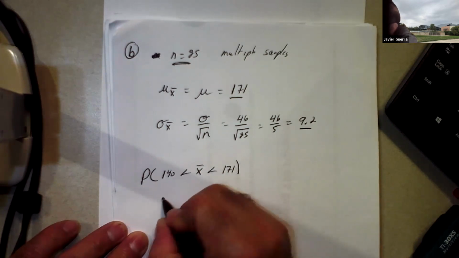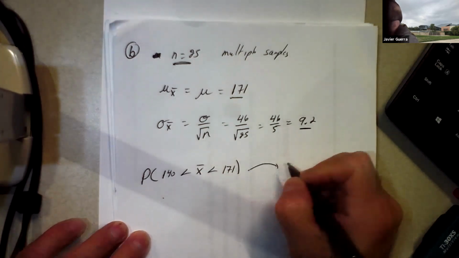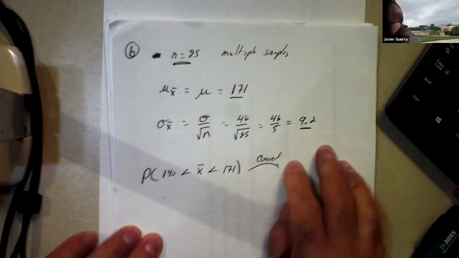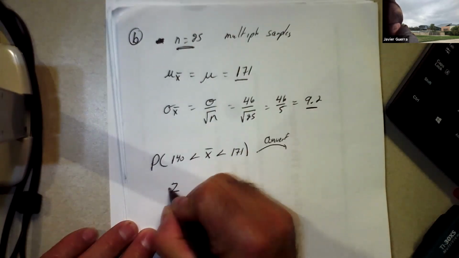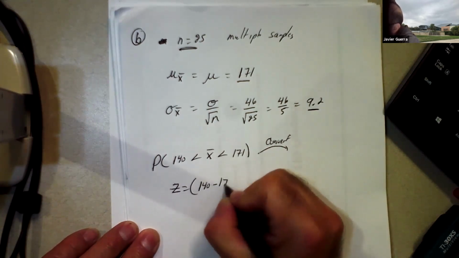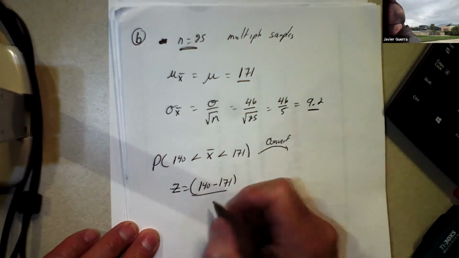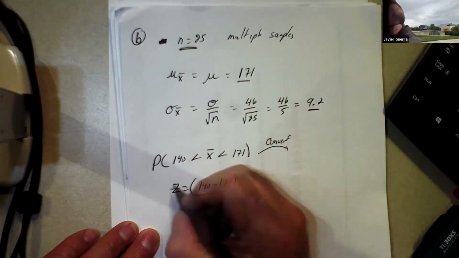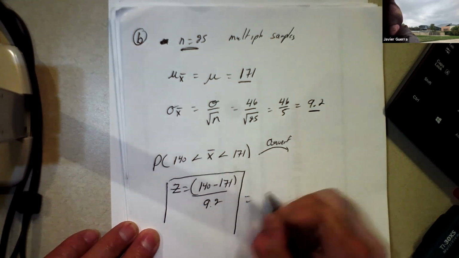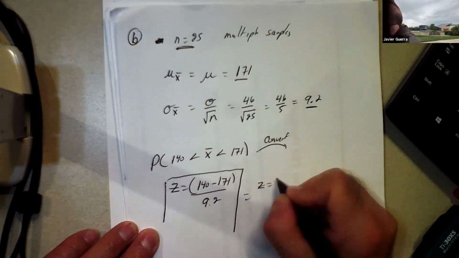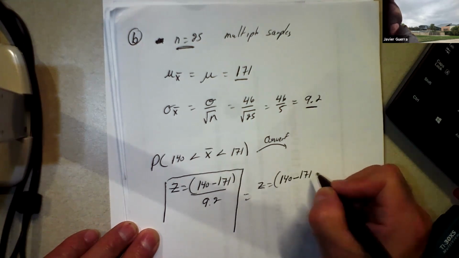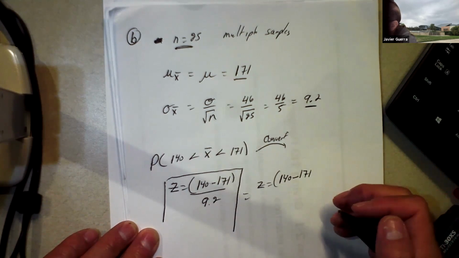Okay, so I'm going to convert. I didn't put convert in the other one, did I? Oh, yeah, I did. Convert. So Z equals 140 minus 171 over 9.2. Oh, I already did 171. Whoa, I messed up.